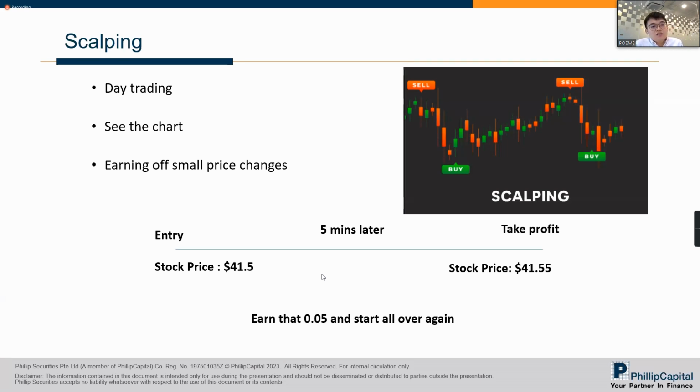They earn on those small price changes. So when they enter, the price is $41.50. Five minutes later, it could be $41.55. Then they will just close the position and take the profit, earn that 0.05% and start all over again. This is what day traders do, and this is what you can do in a CFD account.